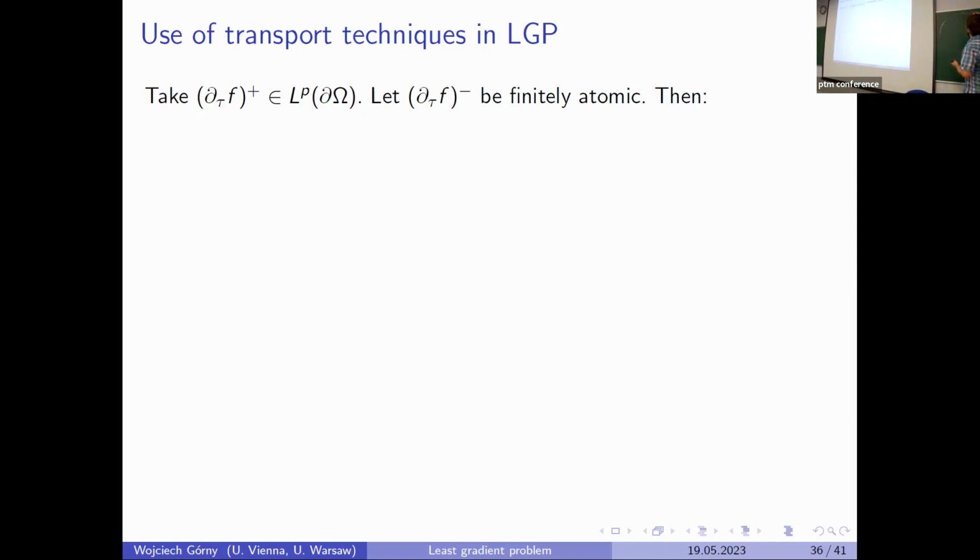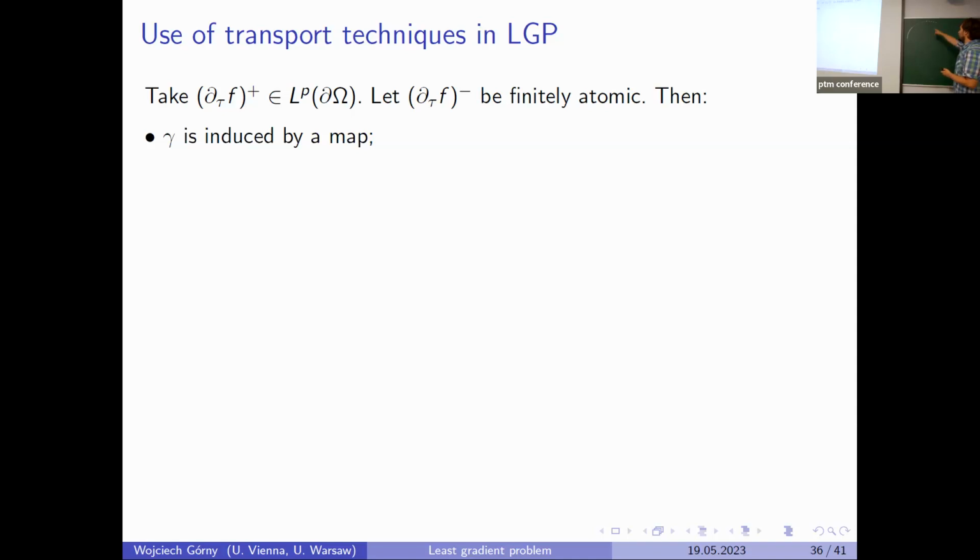Let's assume that the second measure is finitely atomic. We're not solving the optimal transport problem. If it's finitely atomic and this is absolutely continuous, then this is induced by a map. Actually, it's a very simple map: here a piece is moved to one point, here the next piece is moved to the second point, and so on.